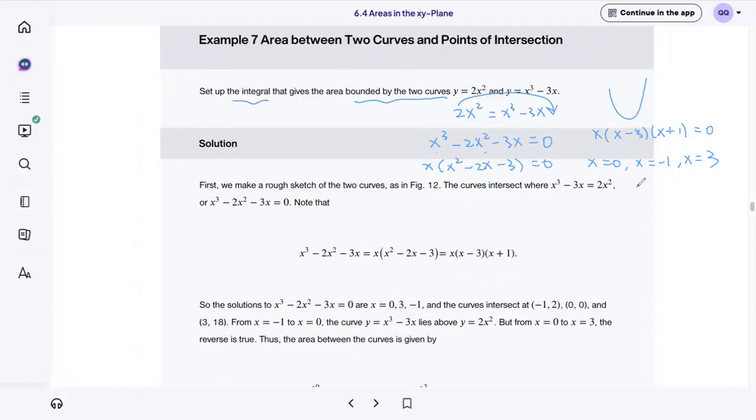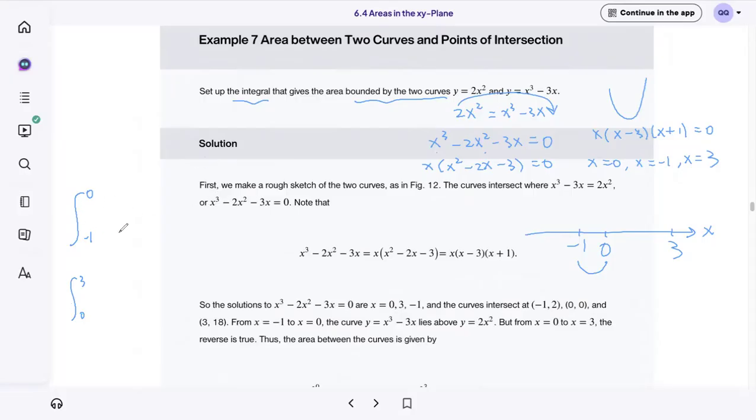So imagine this is the x-axis. We have 0 here, -1 here, and 3 here. We're going to set up integrals like this: one from -1 to 0, then from 0 to 3. Because those intersect at those three places.